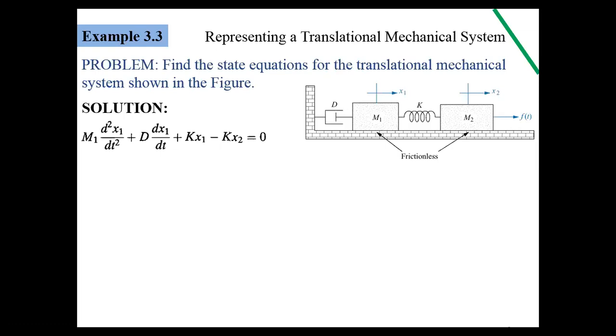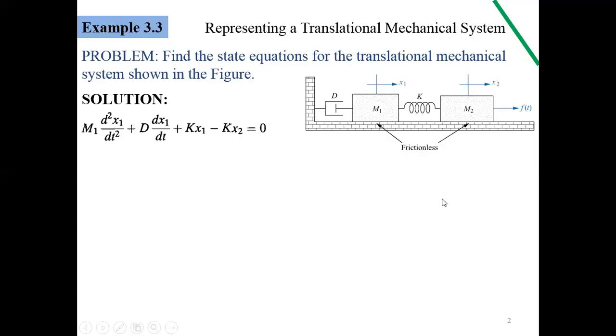So first we will write the differential equations for this system like this: m1 d square x1 over dt square, and then across a damper dx1 over dt, plus kx1 and minus kx2 will be equal to 0.